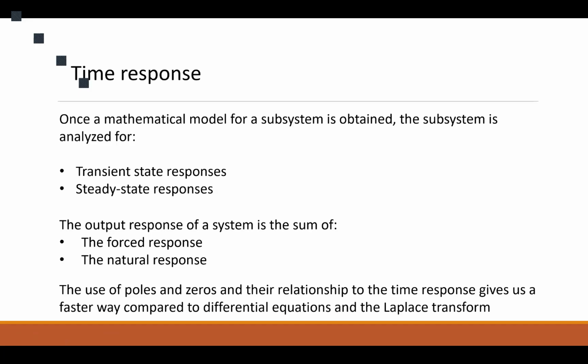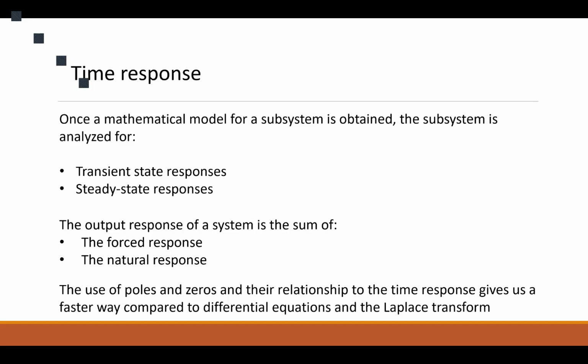You have to analyze the response of that system in two steps. One would be the transient state response, and another one is the steady state response. Those responses are the summation or the collection of two types of response.